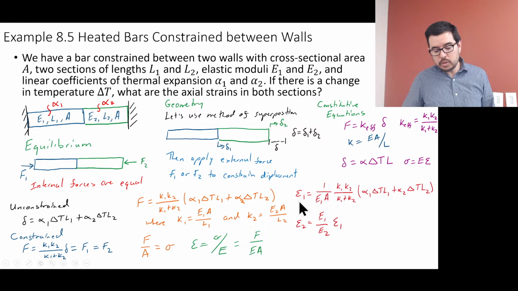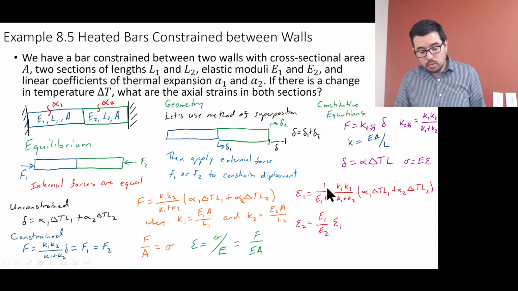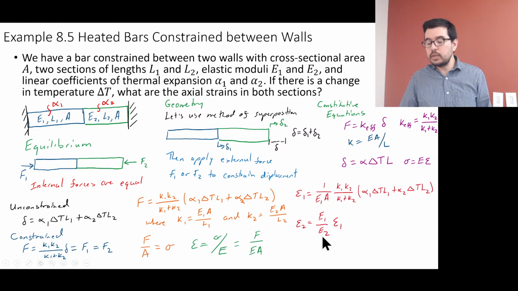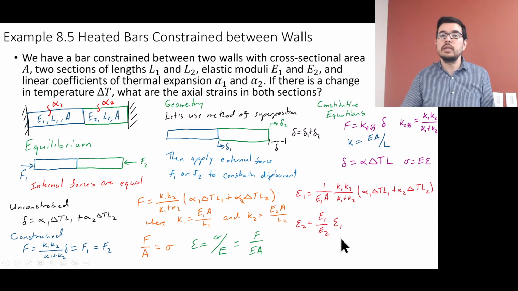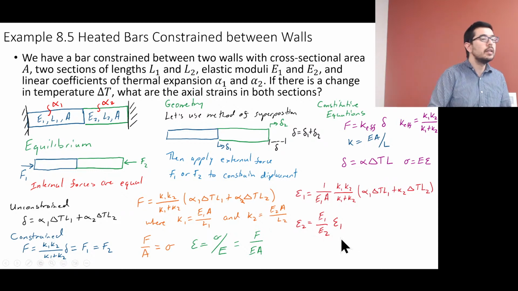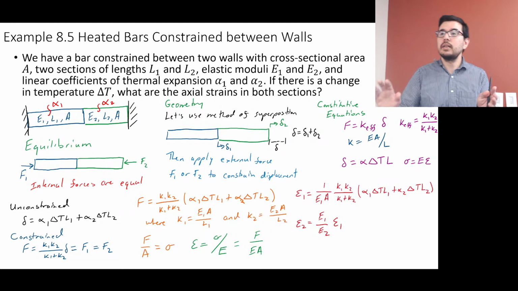So epsilon 1 is this force divided by E1A. This is that force times 1 over E1A. And then epsilon 2 is 1 over E2A times that whole thing. Or another way of writing that is to cancel the E1s out and put an E2 in the denominator. And it's just like this. Any questions on this? Comments?